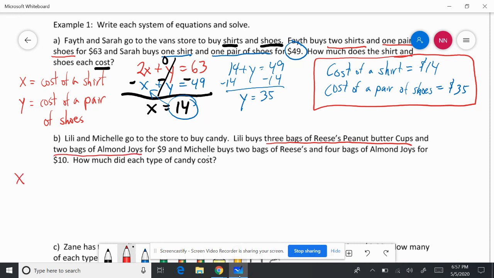So x is going to be the cost of a bag of Reese's, and we're trying to find how much, so I should say cost. And y equals the cost of a bag of Almond Joys.